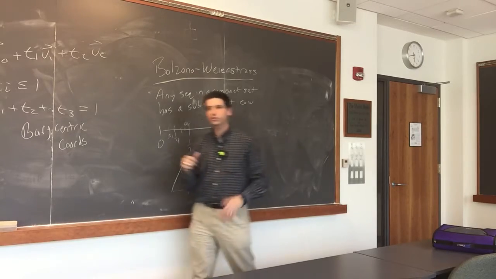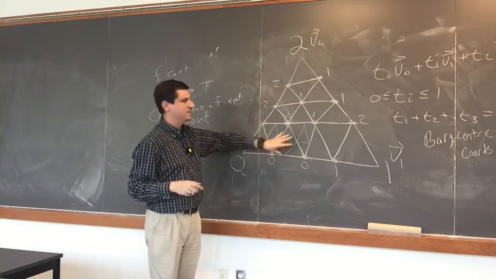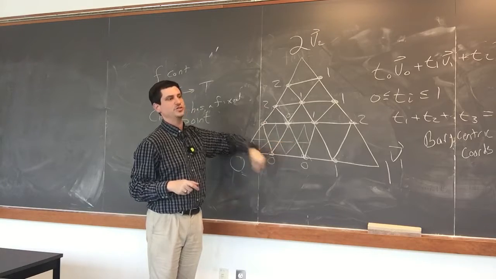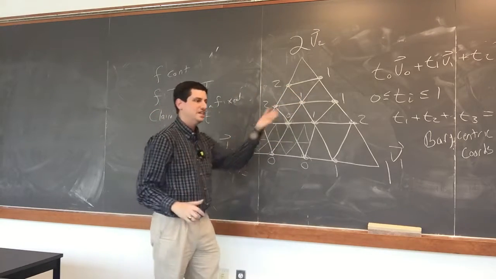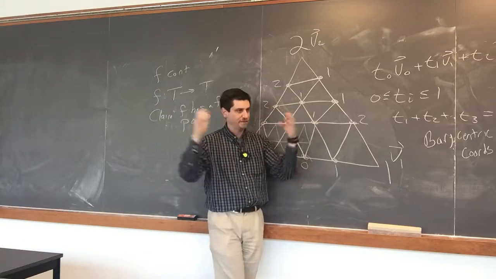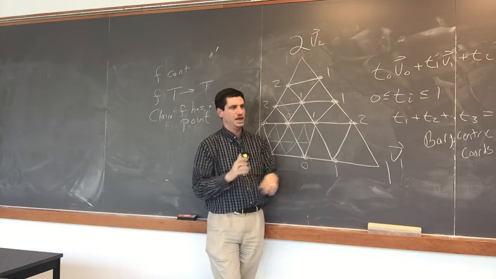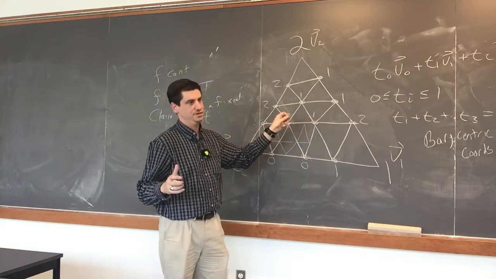So what we're able to do is if we go back to our original triangle, I know that there's a 0, 1, 2 triangle. Then I subdivide, there's got to be another 0, 1, 2 triangle. Then I subdivide, and there's another 0, 1, 2 triangle. And I keep subdividing, and I get a sequence of triangles. And their girth is getting smaller and smaller by a factor of 2 each time. If I look at just the 0 endpoints, I'm going to get a sequence that converges.